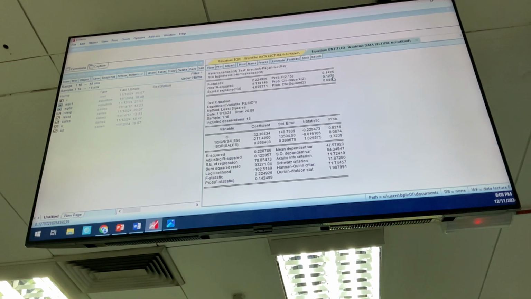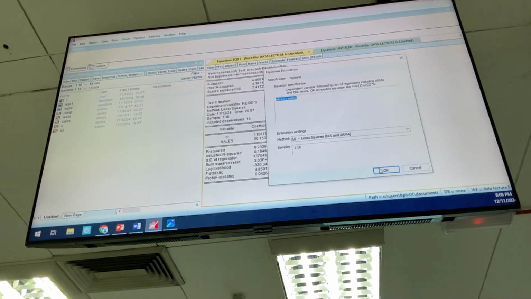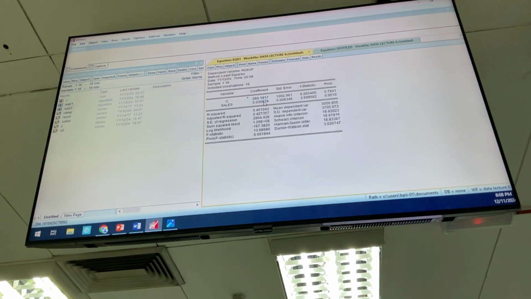So in terms of estimate, remember the estimate is fine. The estimate of the parameters is okay, but the problem is when there is heteroscedasticity, then we do have unreliable standard error, t-statistic, and p-value.